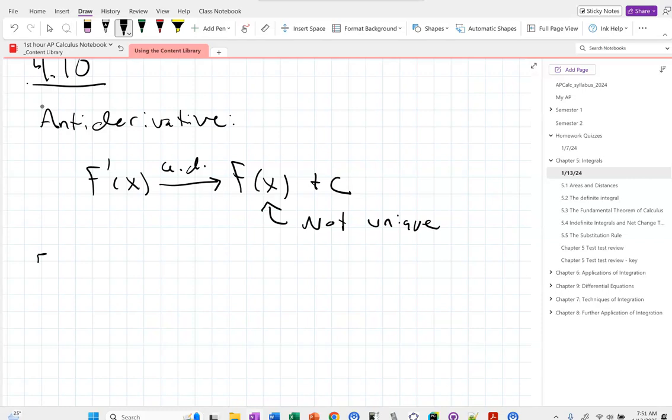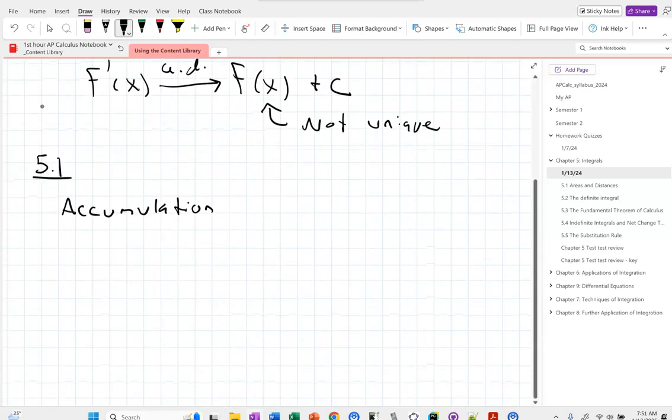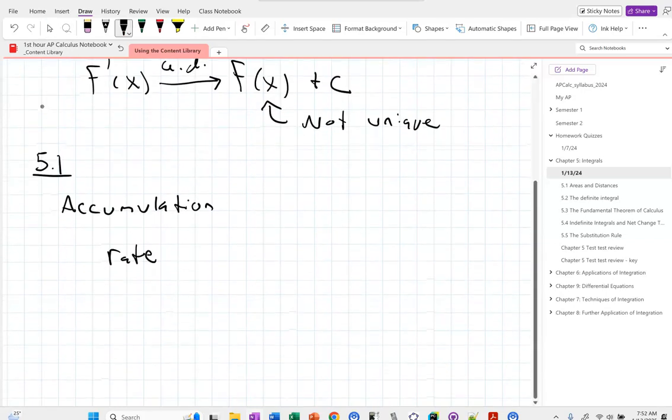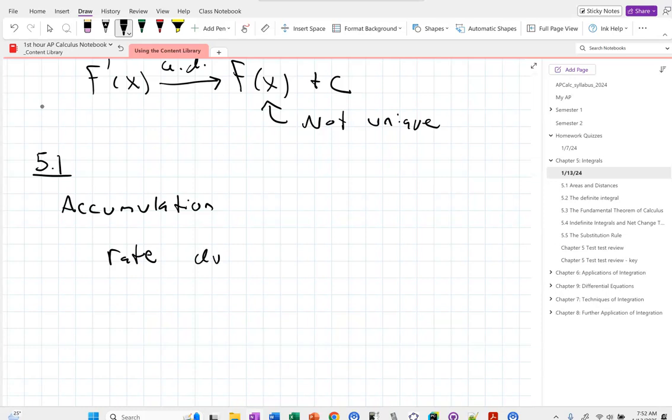In 5.1, we look at this idea of accumulation. So if you have something happening at a rate, and you have some duration, and you multiply those things together, you get some measure of accumulation, right?